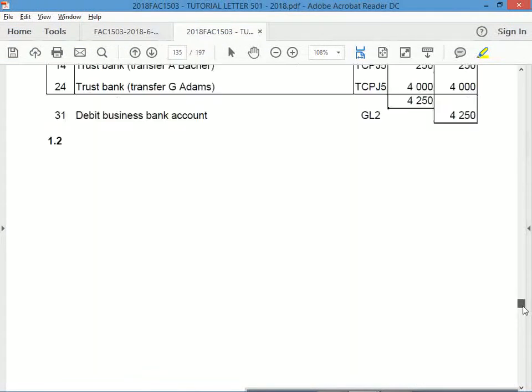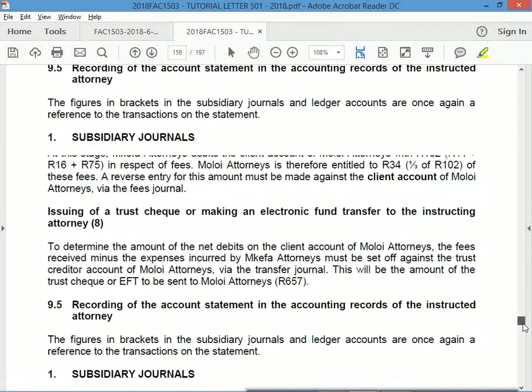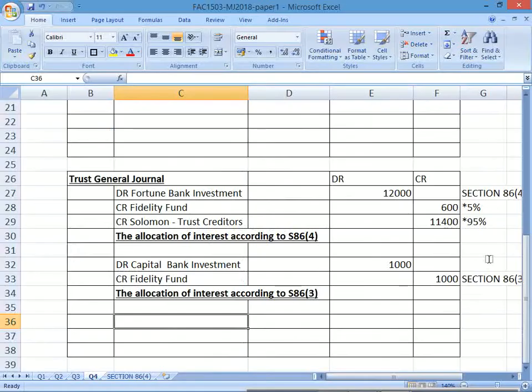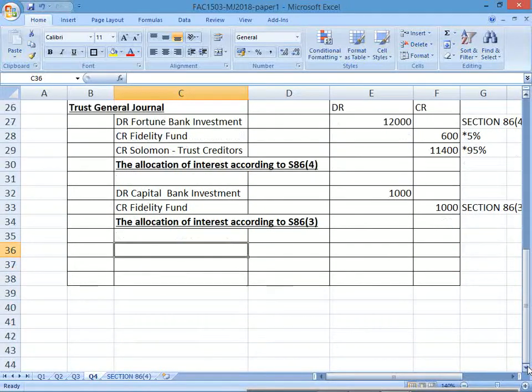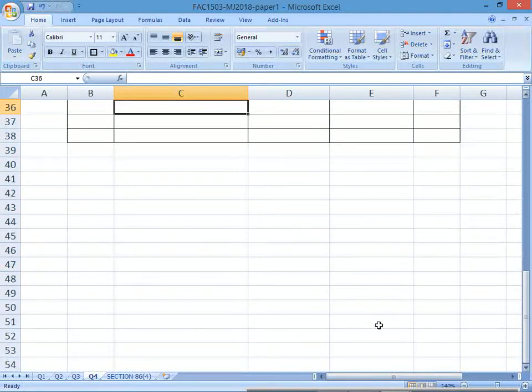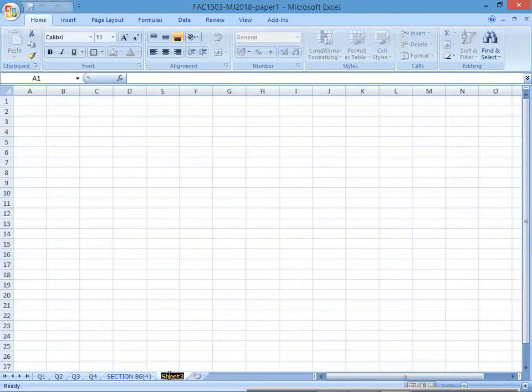Let's just check the trial balance. So you've picked up the mistake. You're not looking back at the other one. All right, great. Question 5, last one.